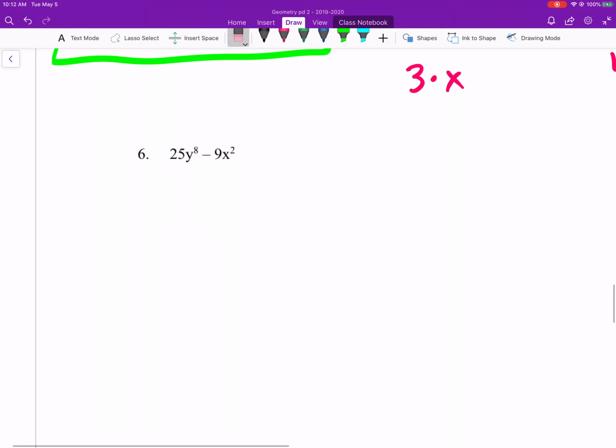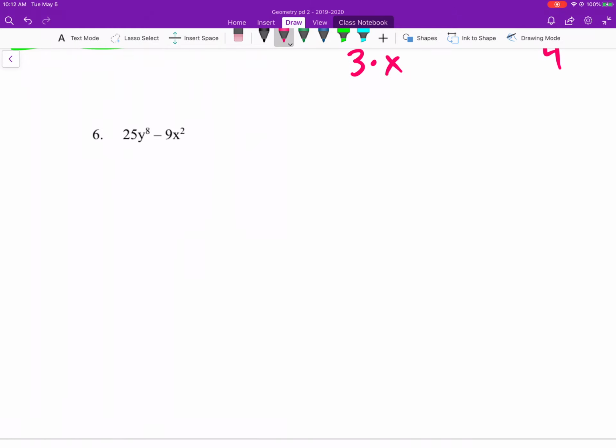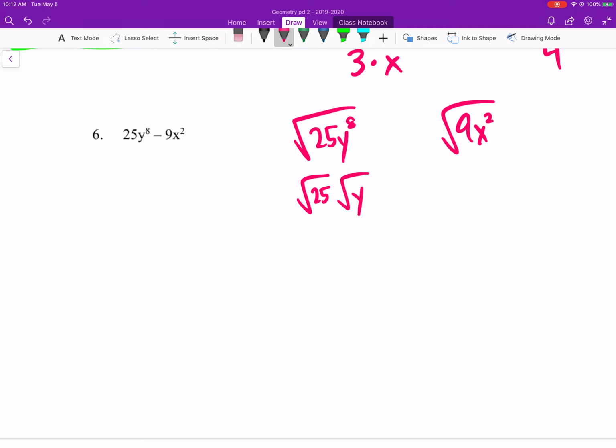Alright, so maybe pause the video now and see how you do for a problem like this, and then come back. But if we're taking the square root of 25y to the 8th and 9x squared. Once again, you can think of this as two different values, radical 25 and radical y to the 8th.